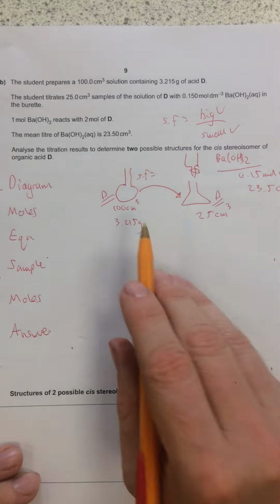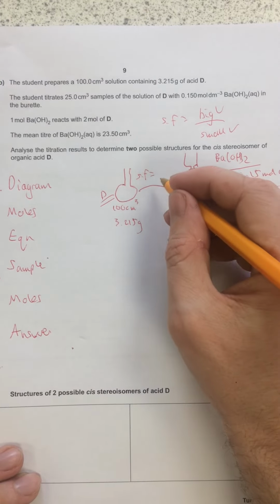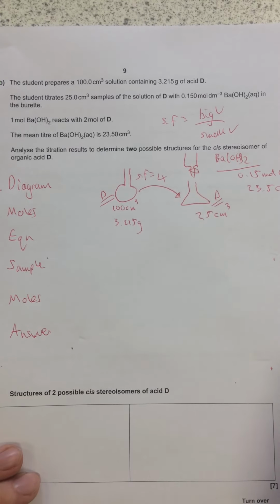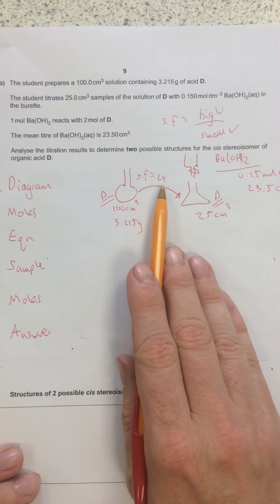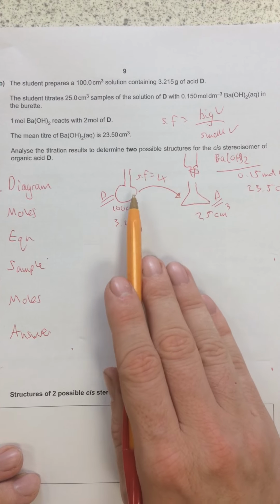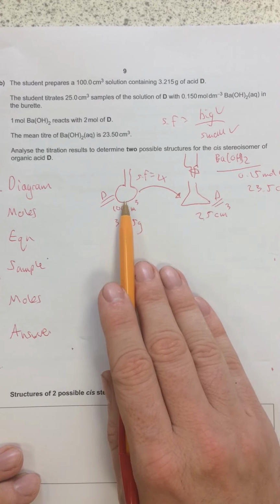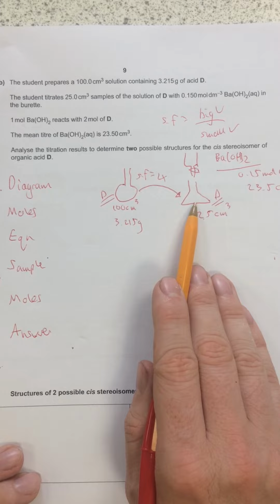So in this case that'll be 100 divided by 25, or 4. If there's a sample, you may as well calculate the sample factor. That tells me there's 4 times more moles in the big thing than there is in the small thing.